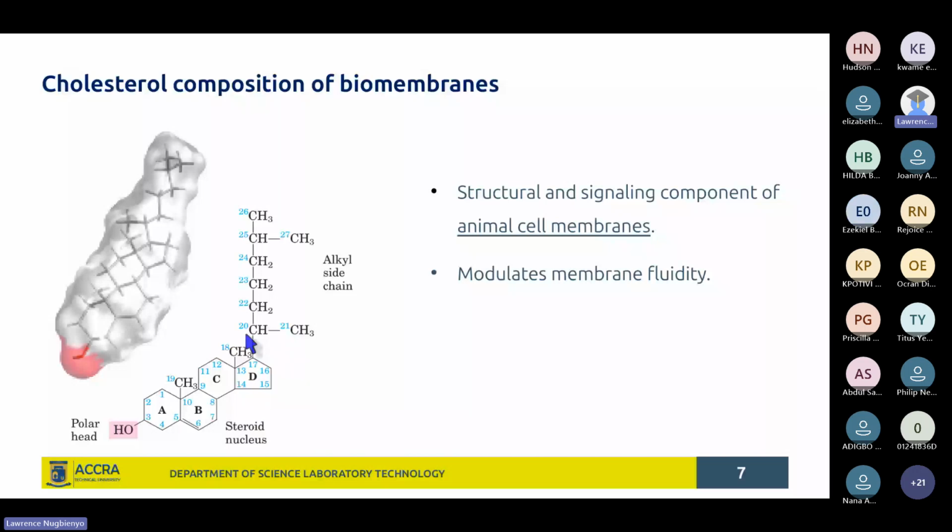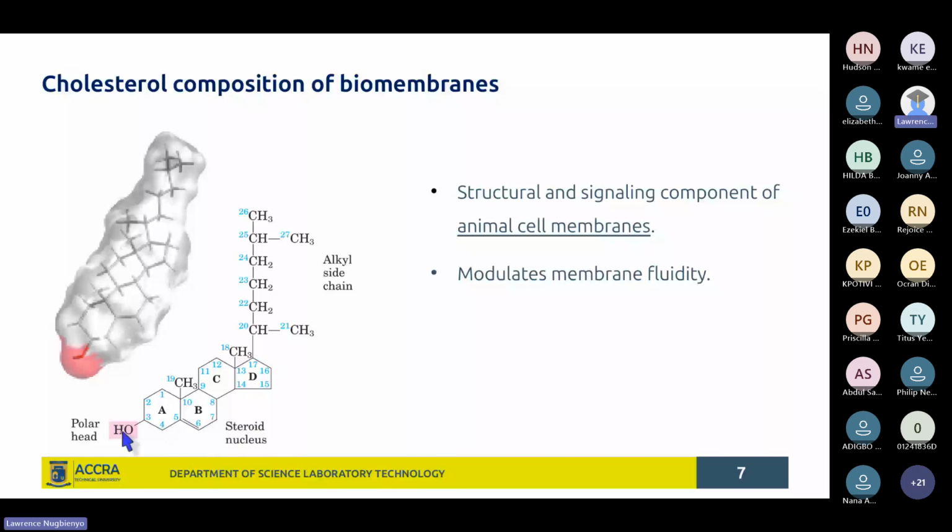And you also want to remember that the sterol has a hydroxyl group, which is the hydrophilic part of the molecule. Just like with fatty acids, you have the carboxylic acid group being the polar, hydrophilic part, and you have the hydrocarbon part as a hydrophobic tail. The same way here, cholesterol has a polar head, the hydroxyl group on carbon 3 of ring A, which is hydrophilic.